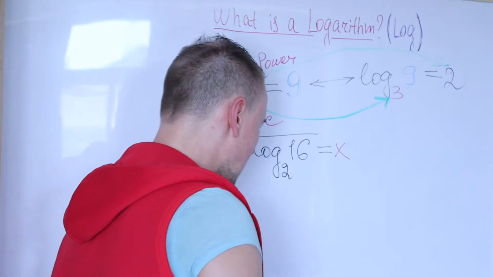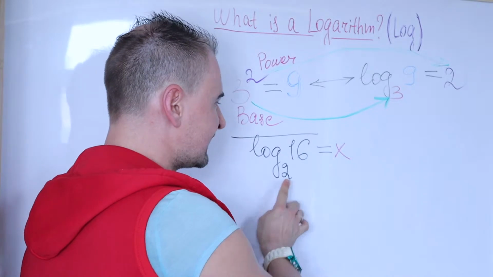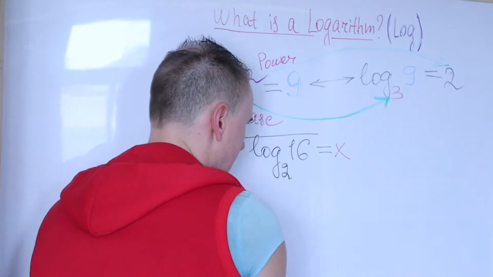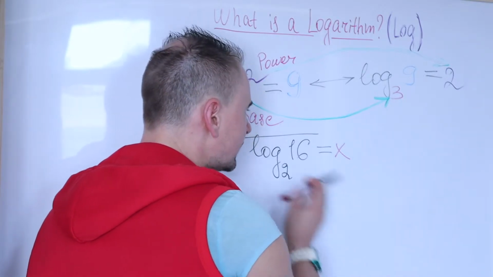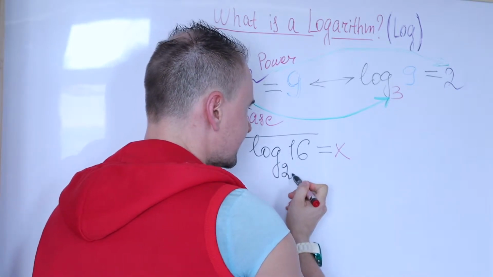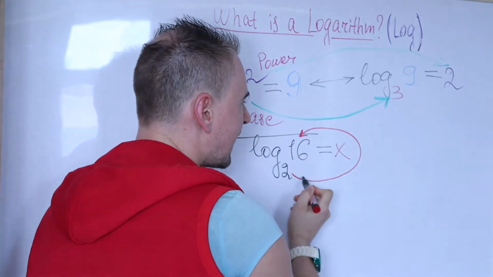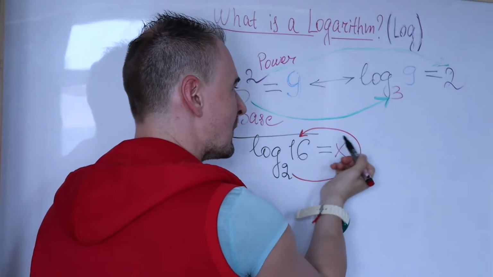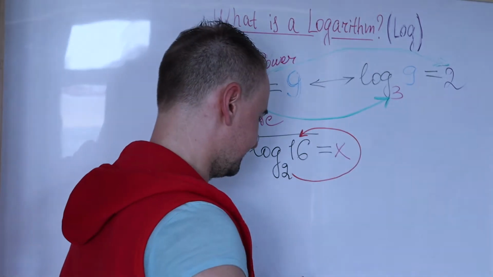Now, you are going to start with this little 2, with this base, and you are going in this direction, counterclockwise, kind of wrapping around this x and ending up with 16.